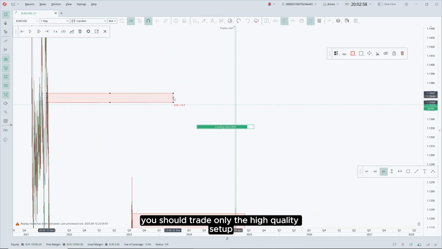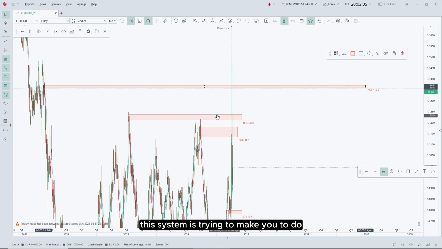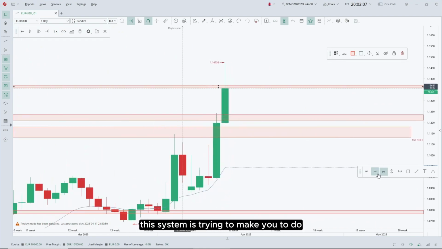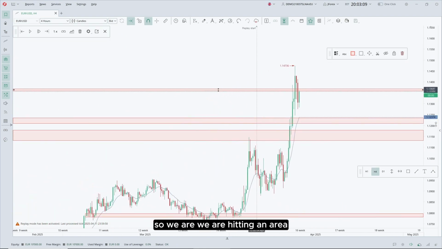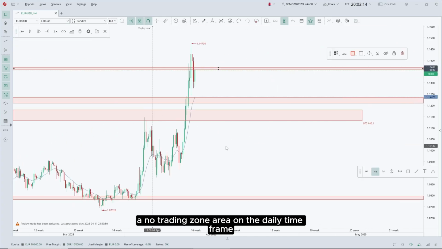You should trade only the high quality setup, and that is exactly what this system is trying to make you do. So we are hitting a no trading zone area on the daily time frame.